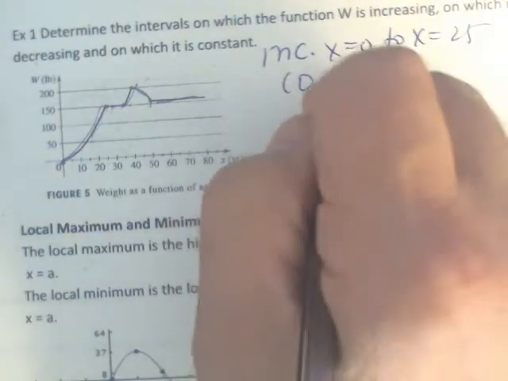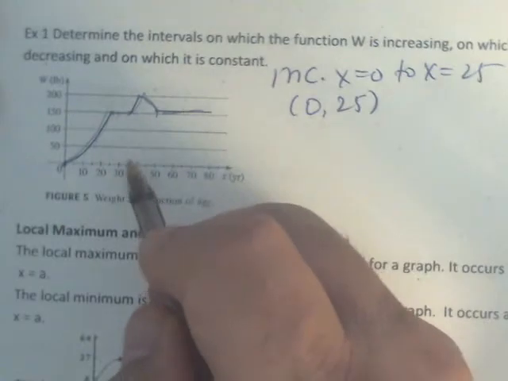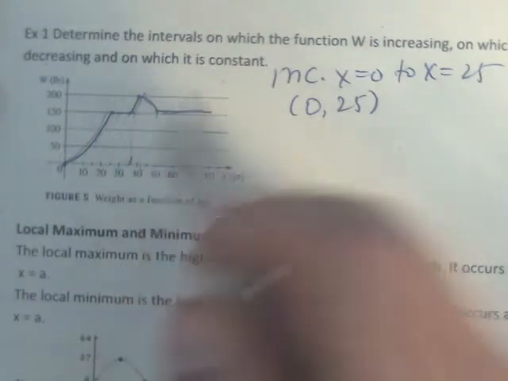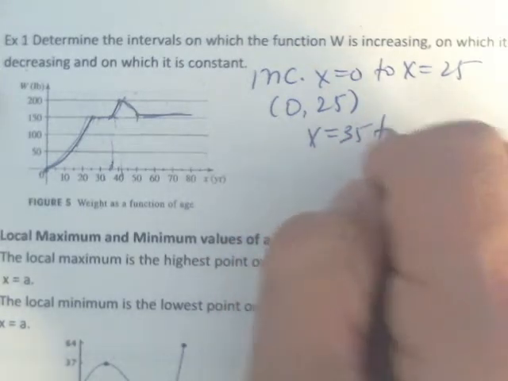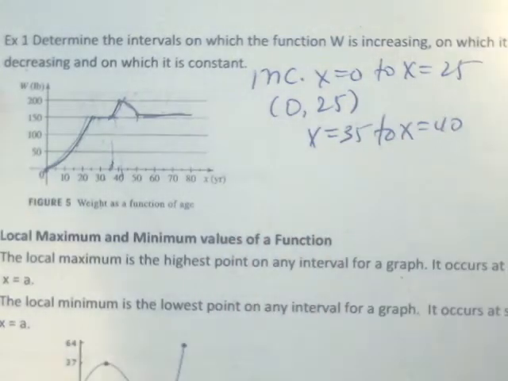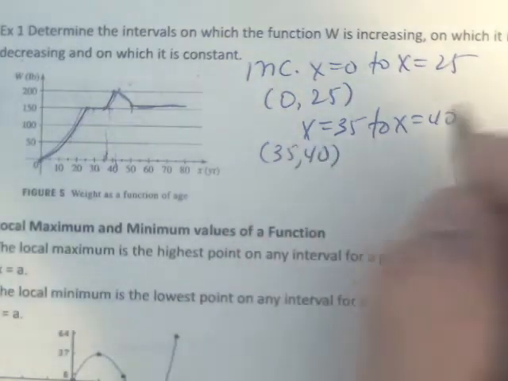And again, we can use our interval notation. We're also increasing, looks like, from 35 to 40. And we can use our interval notation there.